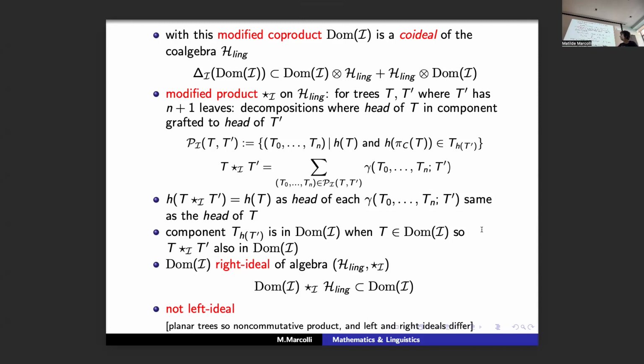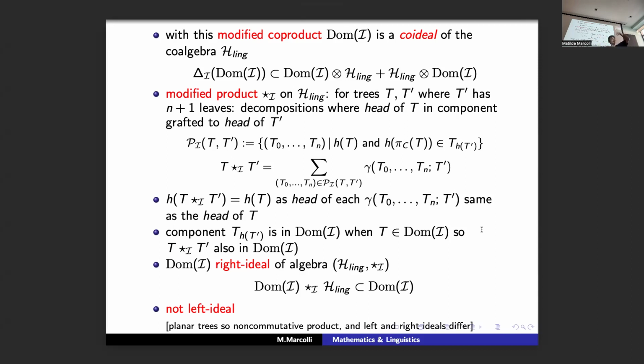And this gives you, once you make this modification of the product, that the domain is a right ideal for the algebra structure with this restriction on the product, but it's not a left ideal. And that's because one tree ends up at the bottom and the other trees end up on top.